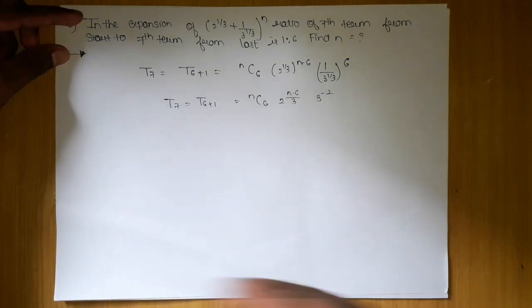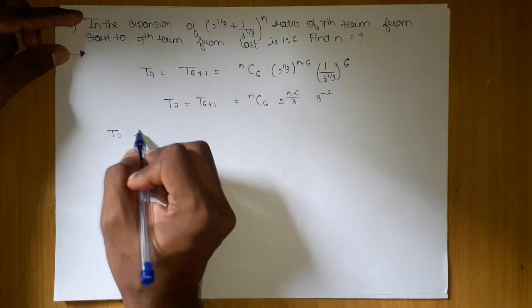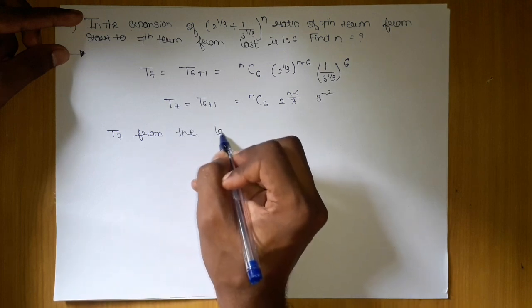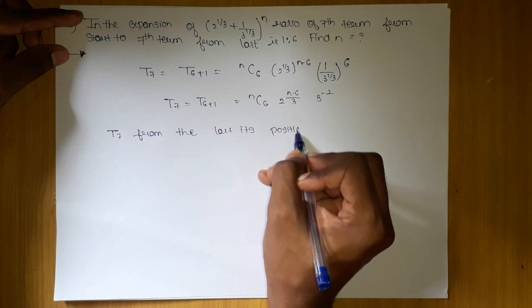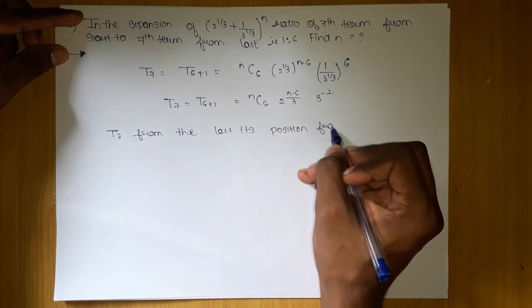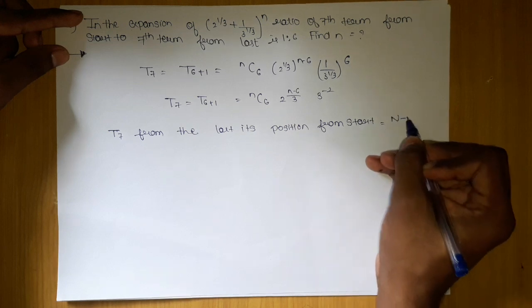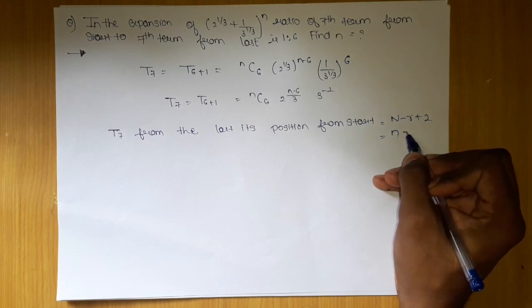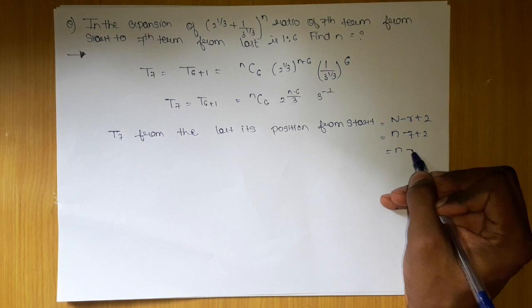Now what is the seventh term from the last? We need its position from the start. To get that, you have to do n minus r plus 2. This is the trick. n is n, r is 7, so n minus 7 plus 2, which is nothing but n minus 5.